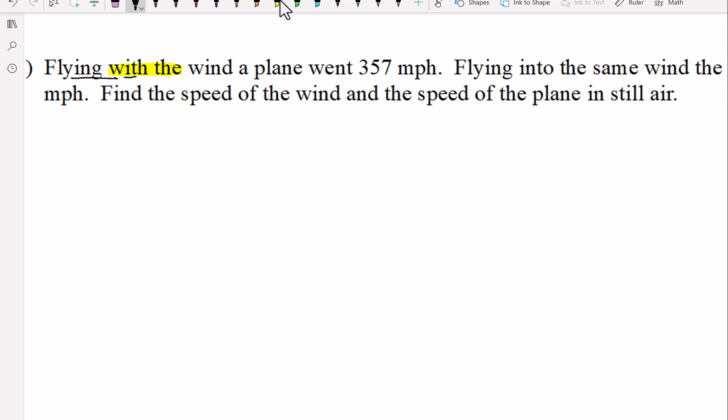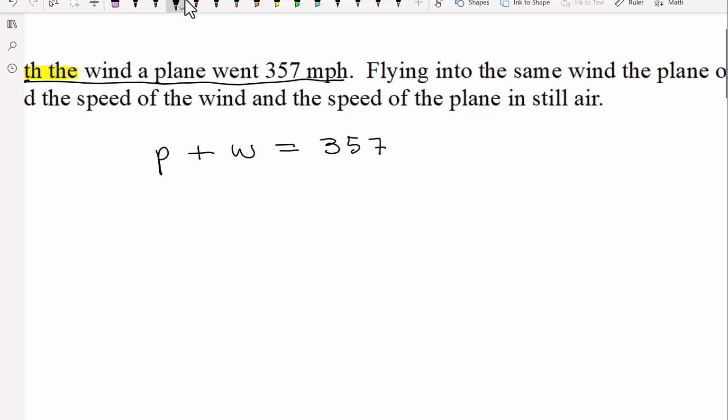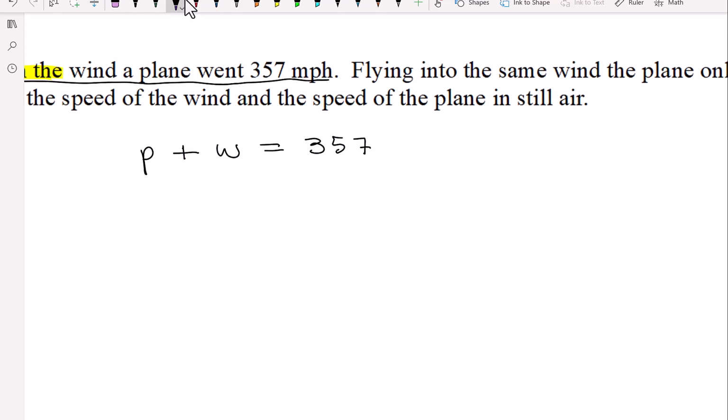All right. When it's this trip, there's going to be two equations. You're going to have the plane speed flying with the wind, and that total speed is 357 miles per hour. On the return trip, and the reason why this is important, flying into, meaning you're flying against the wind, means there's going to be a subtract.